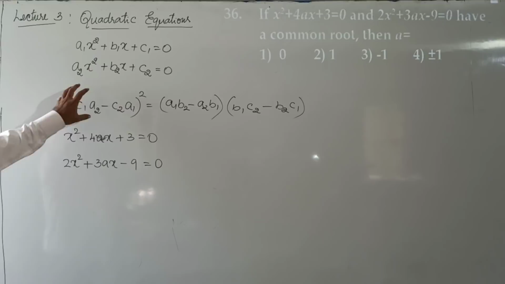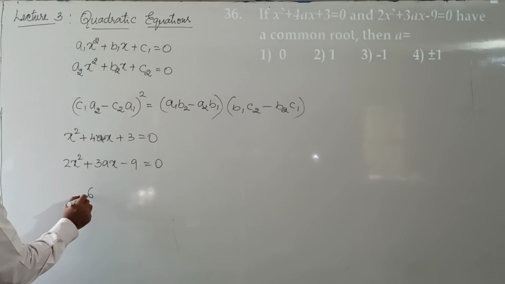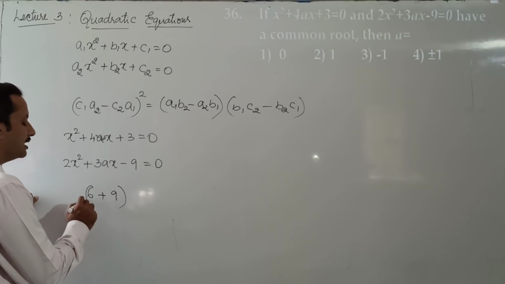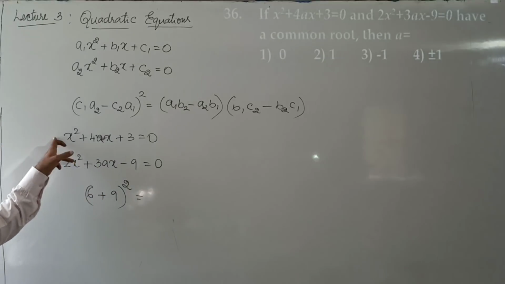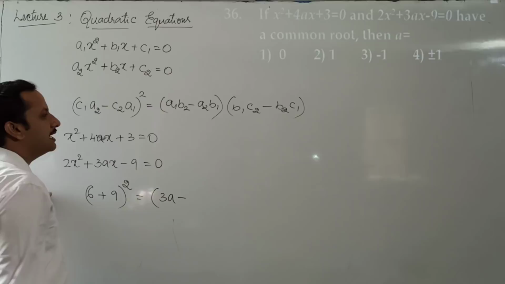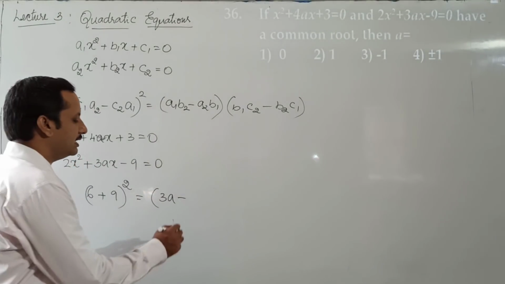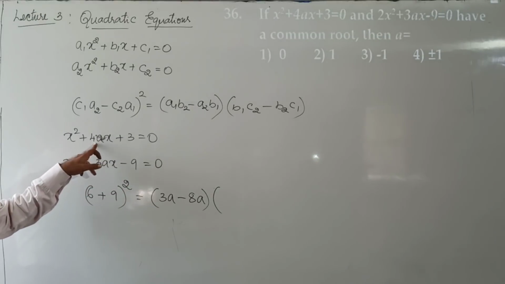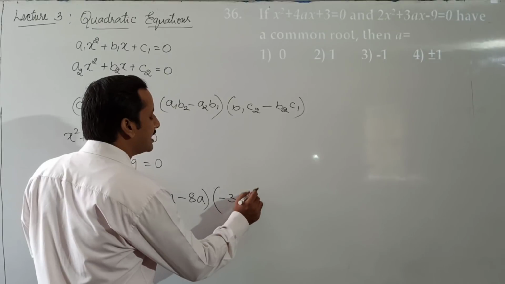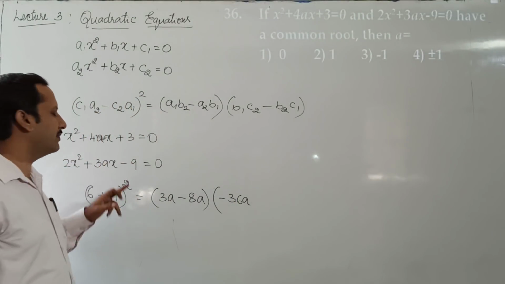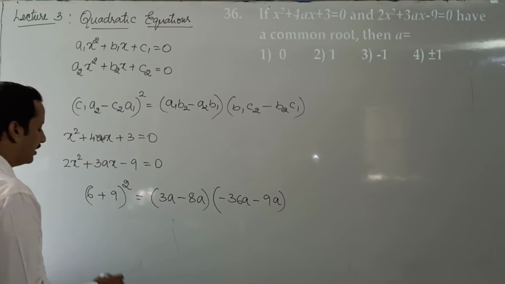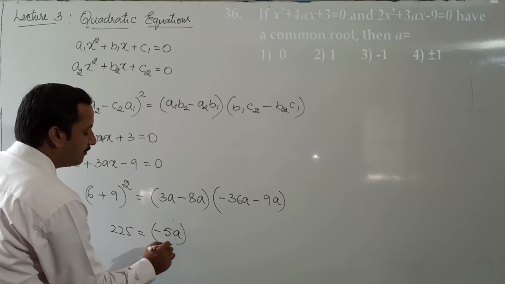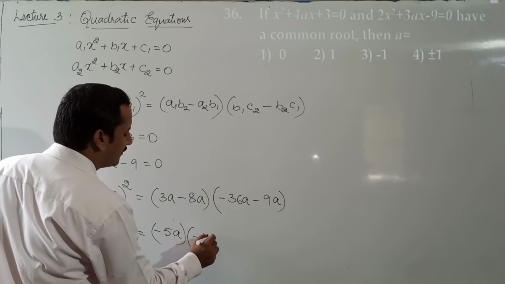Now let us use this formula. c1a2 is 3 into 2, 6, minus c2a1, minus 9 into 1, minus 9, minus of minus 9 is plus 9, whole square is equal to a1b2, 1 into 3a, minus a2b1, 4a into 2 that is 8a, into b1c2, 4a into minus 9 that is minus 36a, minus b2c1, 3a into 3 that is minus 9a. This will give you 6 plus 9, 15 square is 225. That's equal to minus 5a into minus 36 minus 9, minus 45a.